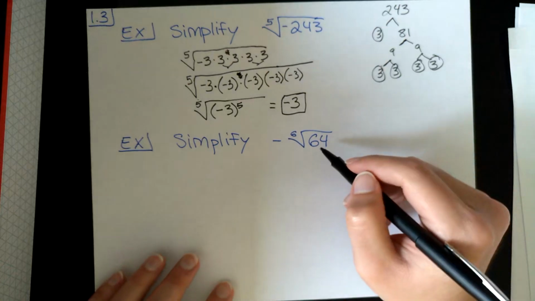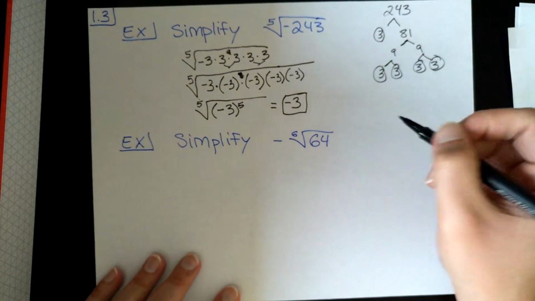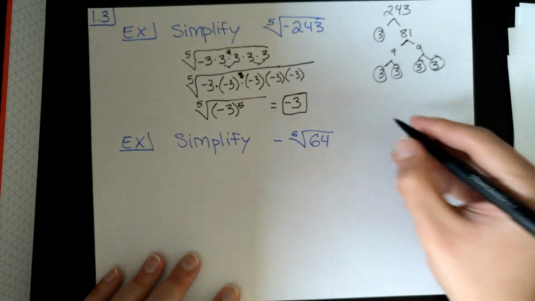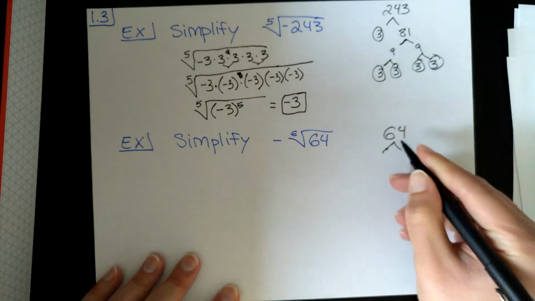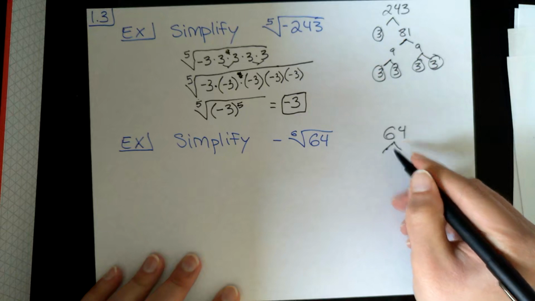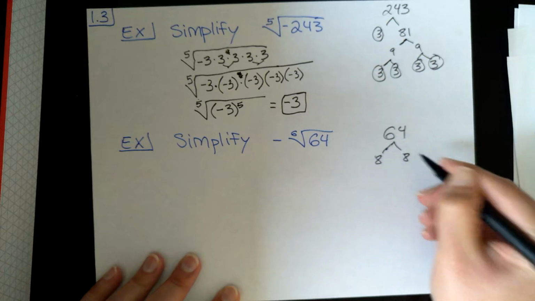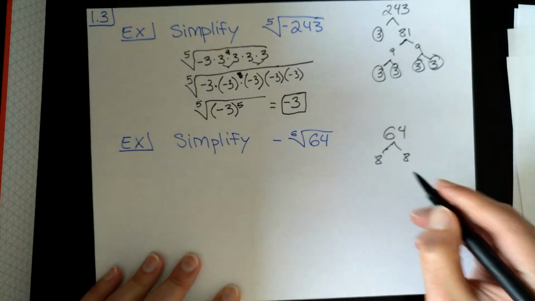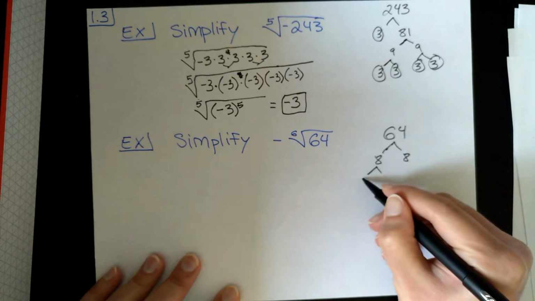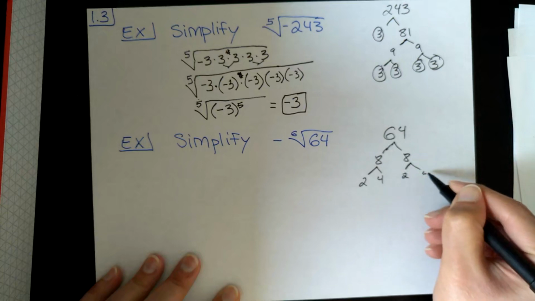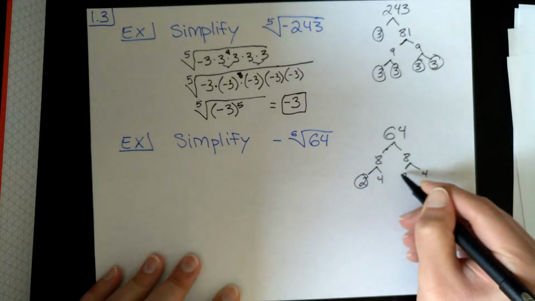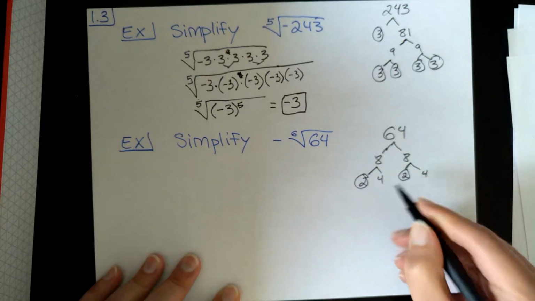Okay, so now let's try this together. So we're going to take 64 and break it up. We can rewrite 64 as 8 times 8. 8 can be rewritten as 2 times 4. We'll circle each of our 2's.